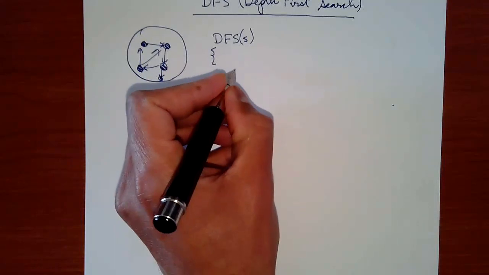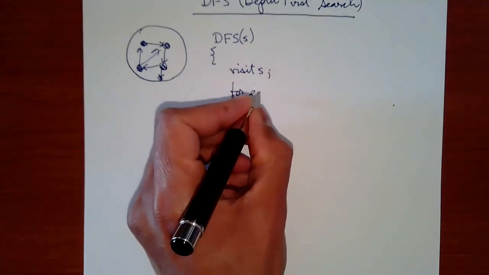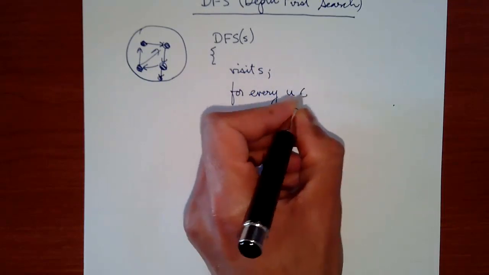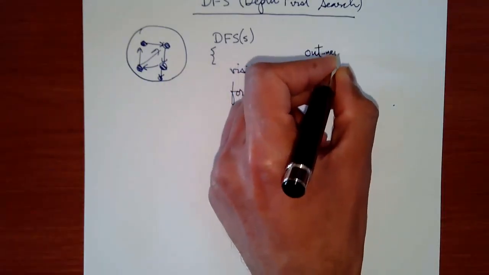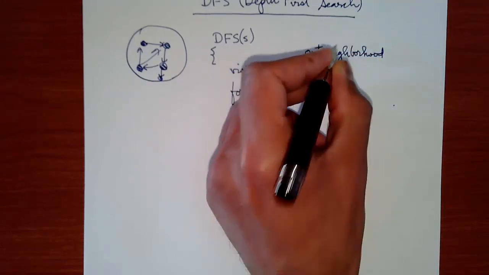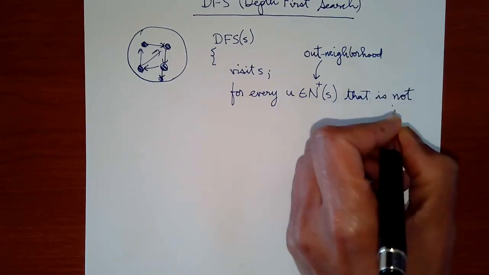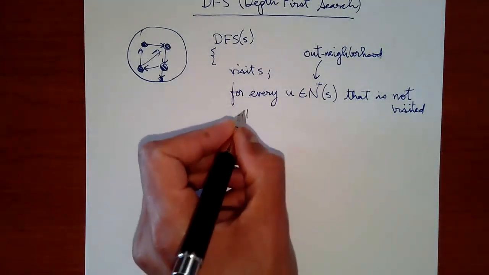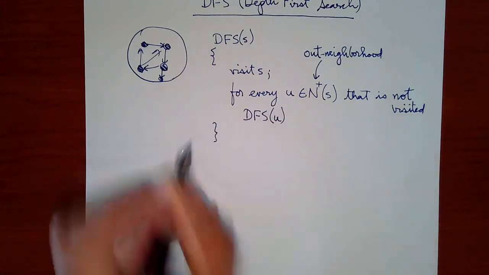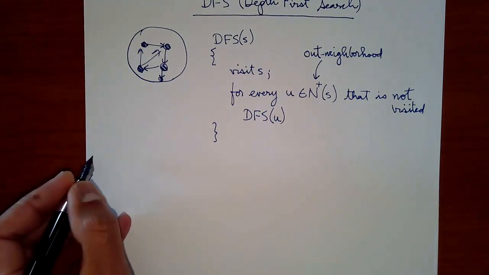So when you do depth first search of S, you visit the vertex S, and then you say for every U in the neighborhood N plus, because that is the out neighborhood, for every vertex that is not visited, you would call DFS of U. Right, so it's very cleanly written as a recursion. This is your prototype code for DFS.